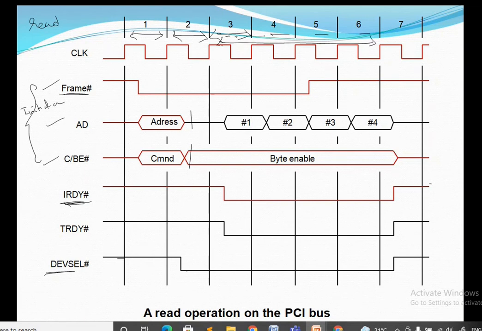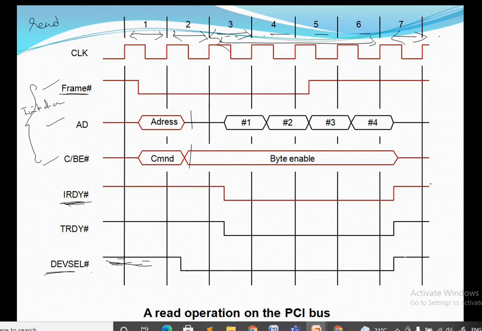And at clock cycle 7, what happens is it is going to assert a signal called device select. Actually, assert here means deactivate. It was active when the target device was identified; it activated this.